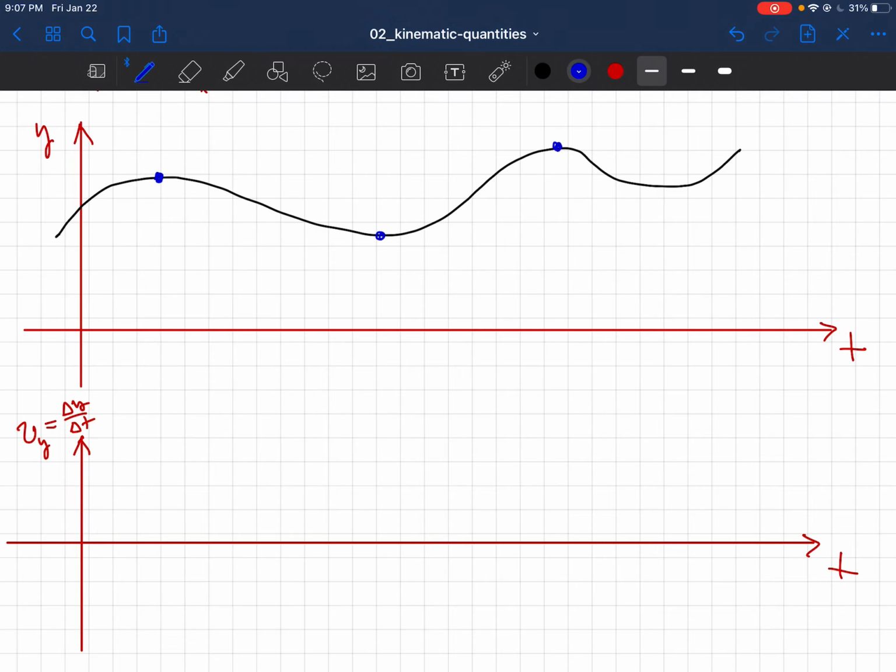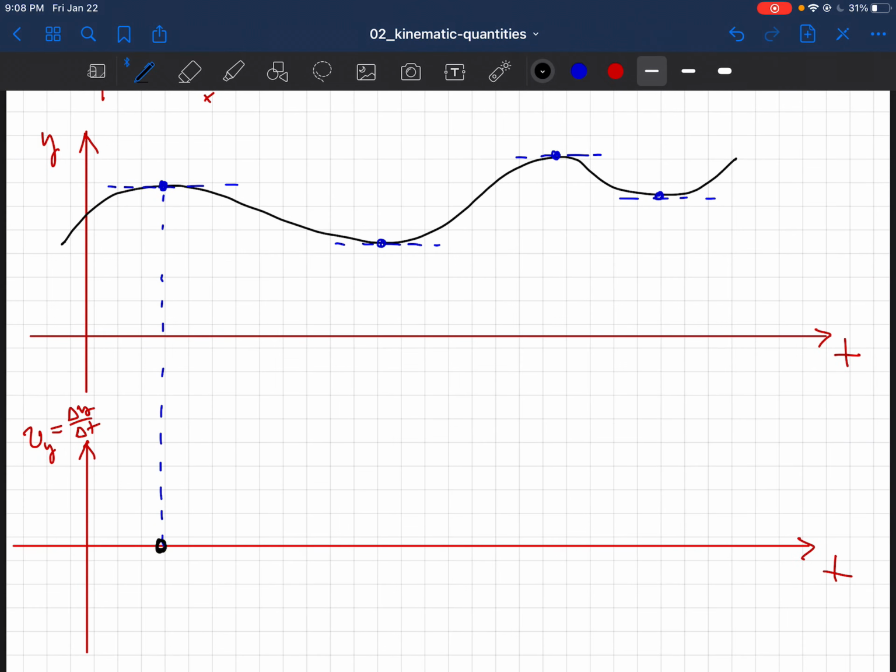So if we look at each of these points here, you see that if you draw a tangent line, the slope is 0. And that means that Vy, the velocity in the y direction, is 0 at those moments in time. So we can just drop down, and we know that this moment will have a velocity of 0.